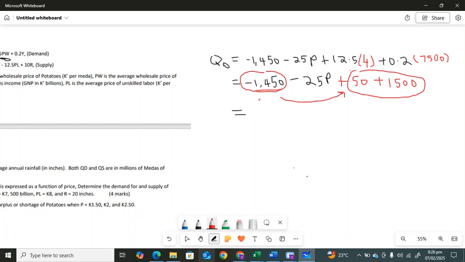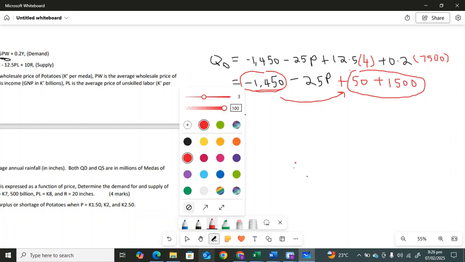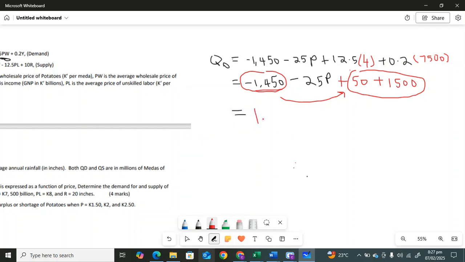Okay. So we can write our demand function like this: 100 minus 25p. Yes, that is our demand function. Colleagues, any questions?